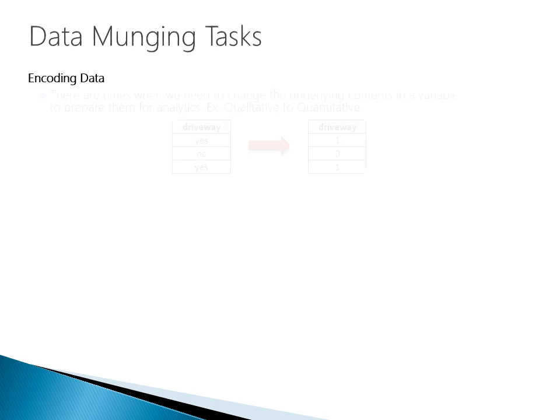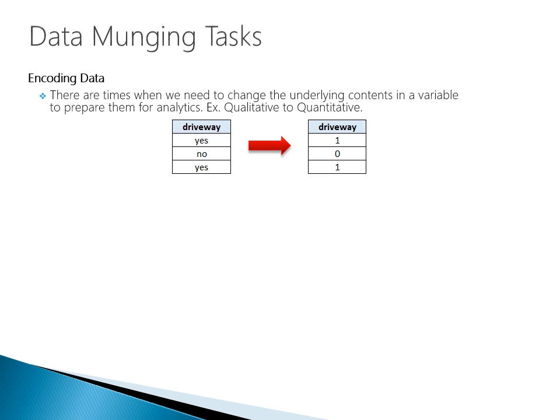Encoding of data. There are times when we need to change the underlying contents in a variable to prepare them for analytics. So going from this qualitative measure to a quantitative measure. Yes, no in our driveway variable, for example, can be re-represented as a 1 for yes and a 0 for no. And by doing so and having a numeric value allows us to use many different methods to work with that data.